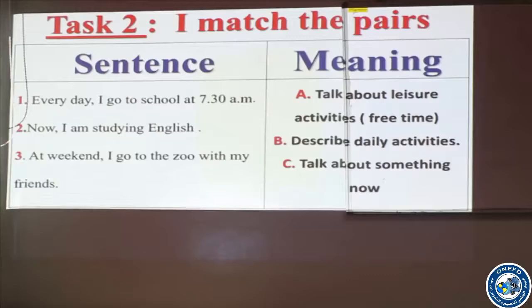Now meaning, A, talk about leisure activities or free time activities. Number 2, describe daily activities. And the last one, talking about something now.